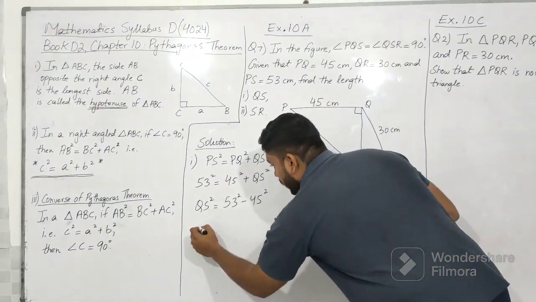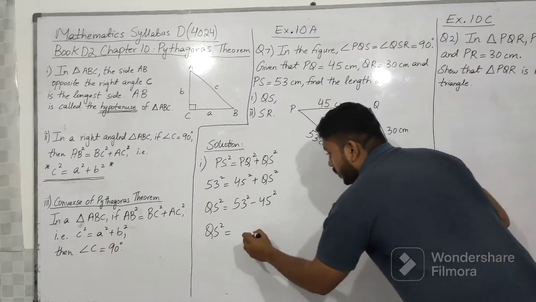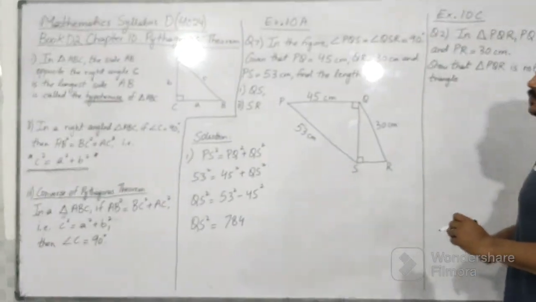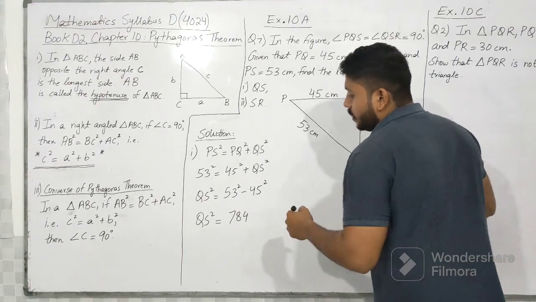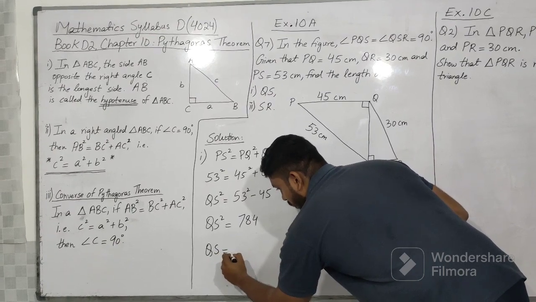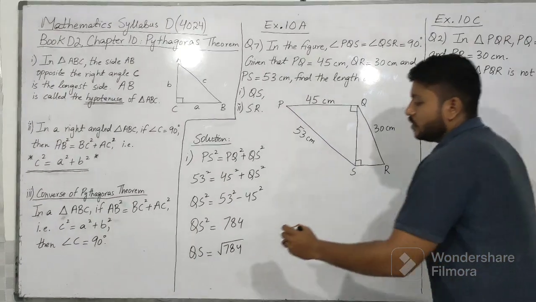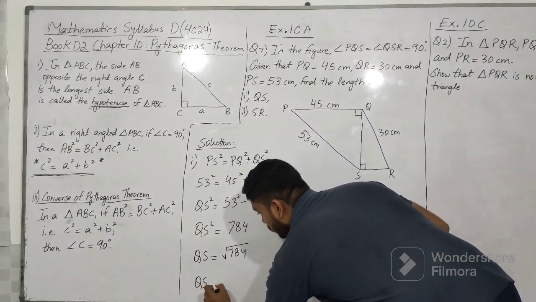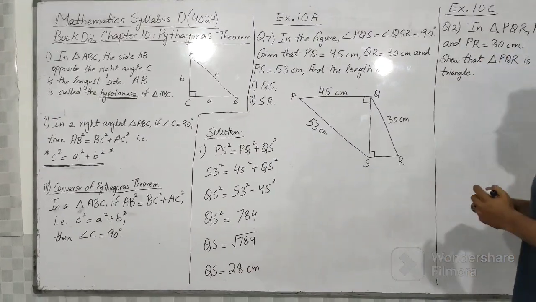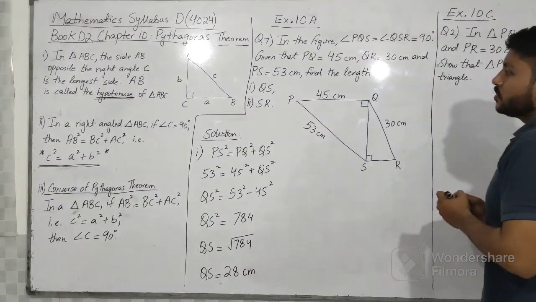This thing, 53 square minus 45 square, is giving you 784, which you can tally with your calculator. So QS will be square root 784, which gives you the length of QS as 28 centimeter. So this will be the solution to part 1.